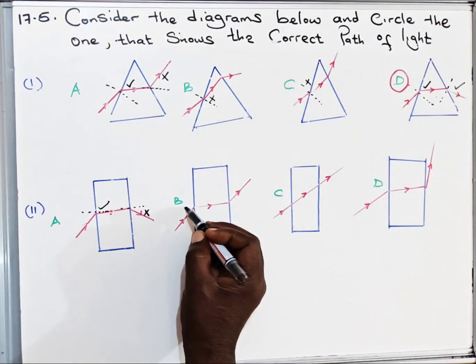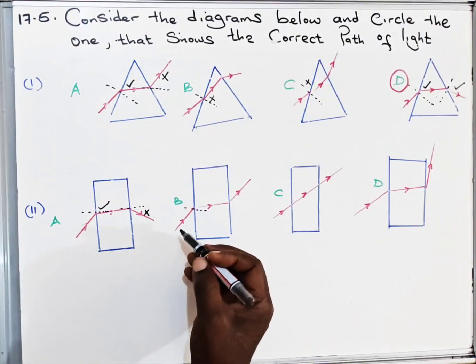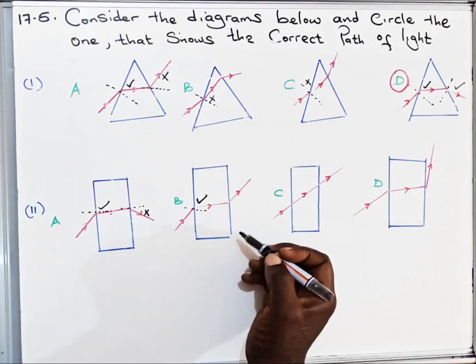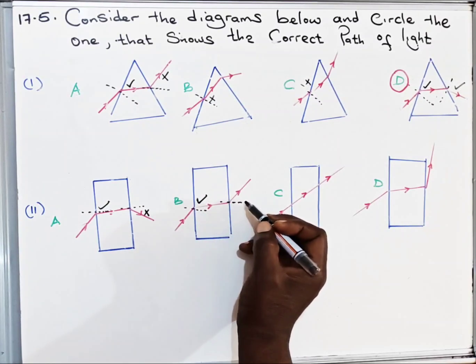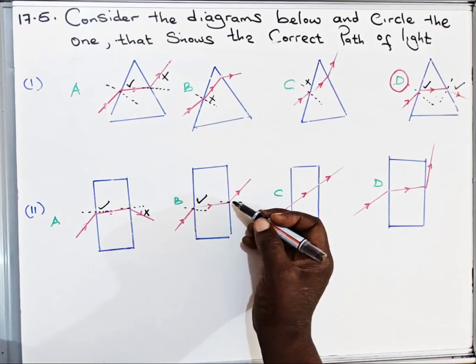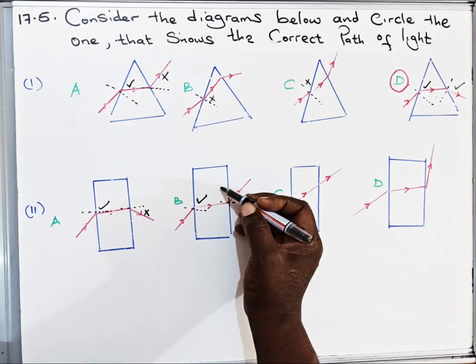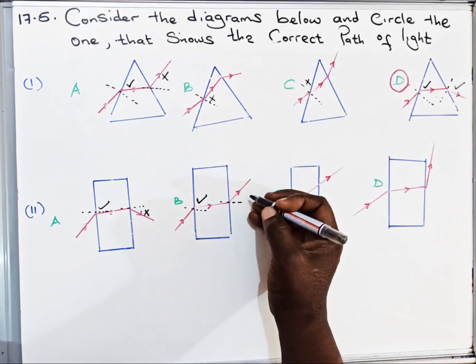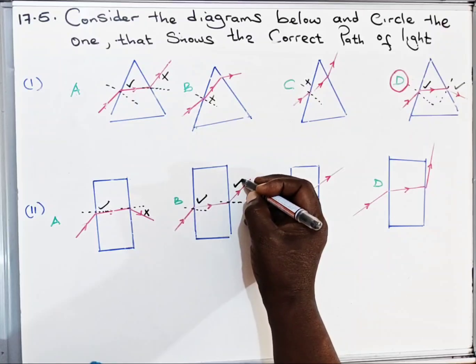This is our normal, and light entered, so it bent towards the normal. This part is correct. Then we come here, and light emerged. Because it's coming from a thicker medium to a lighter medium, it bends away from the normal, so this one's also correct.